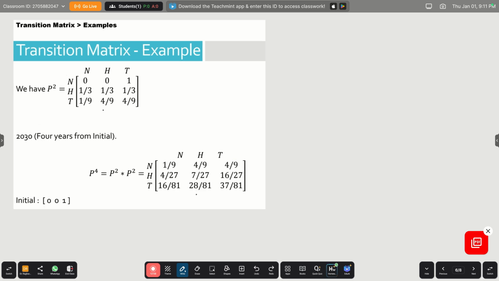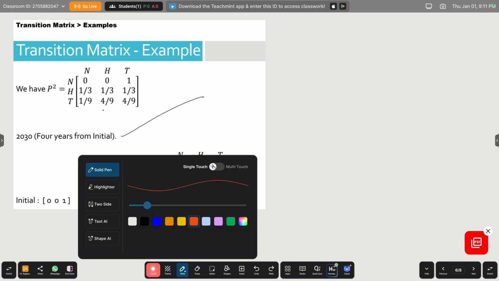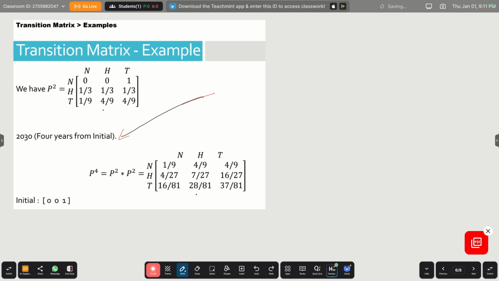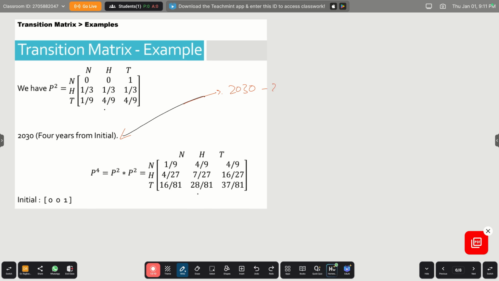Since 2030 is 4 years from 2026, you would need P power 4. To get P power 4, you just multiply P square into P square, and the result is going to be this matrix.